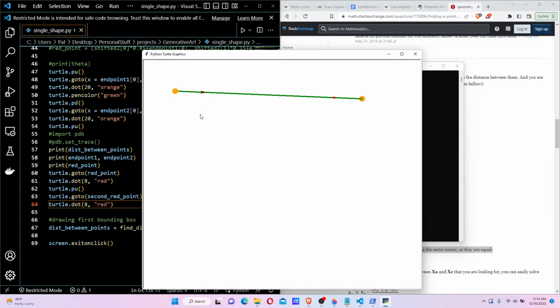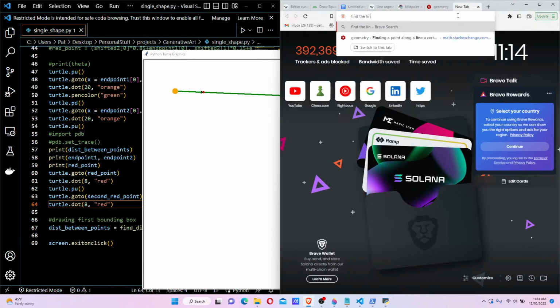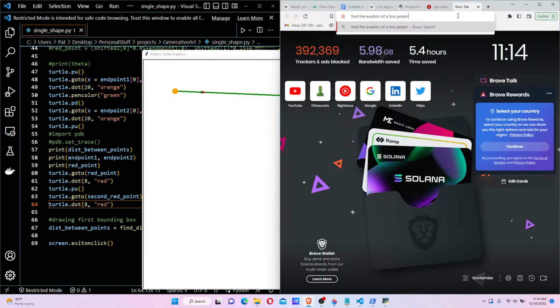How to find the equation of a line that's perpendicular to another line and intersects a point.